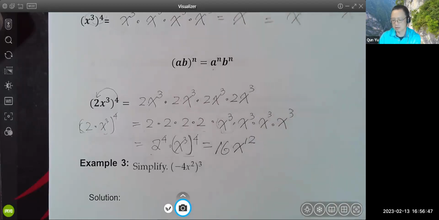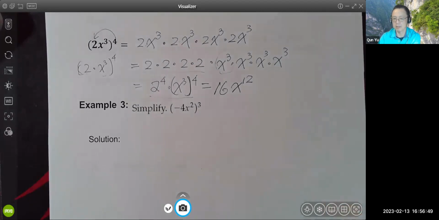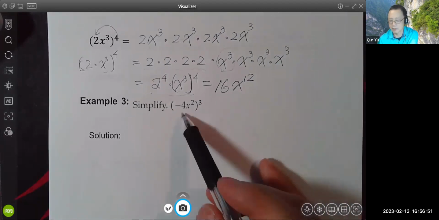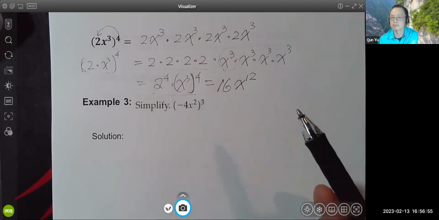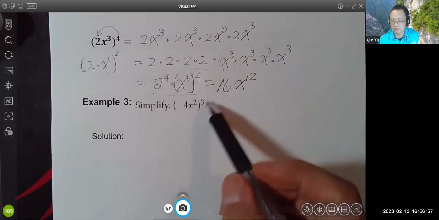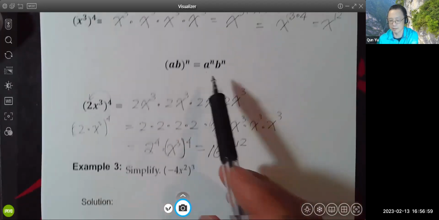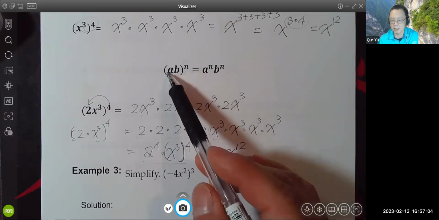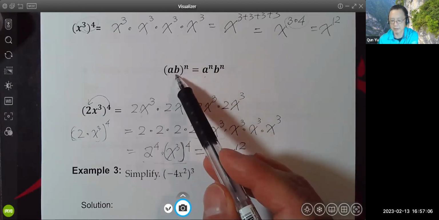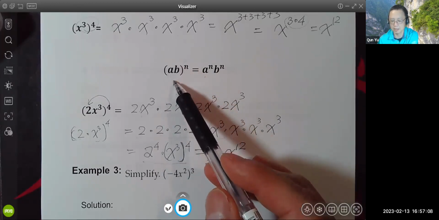Okay, next one. We are ready to simplify a monomial, which is the base in this case, raised to a power. So we notice that this is the formula we just looked at, right? This is called a product to a power because A times B means product. Product to a power.